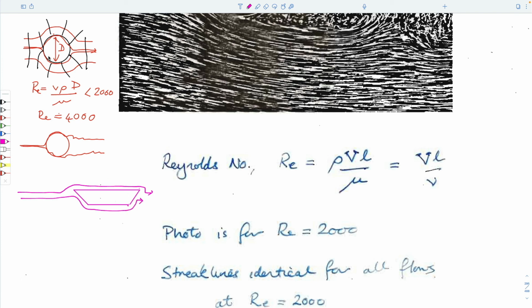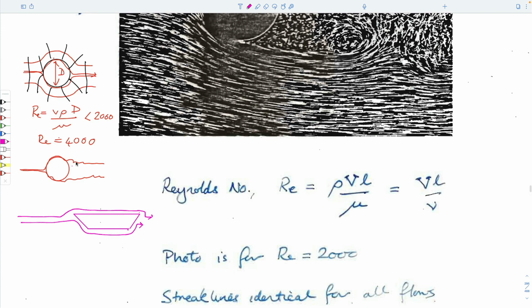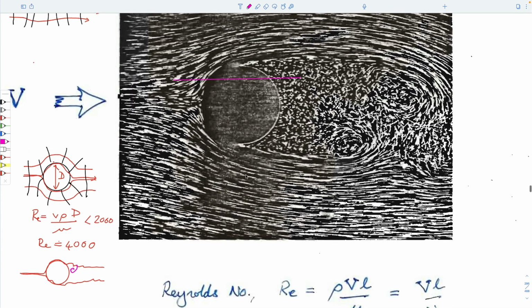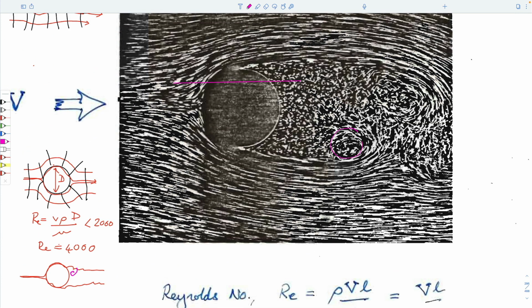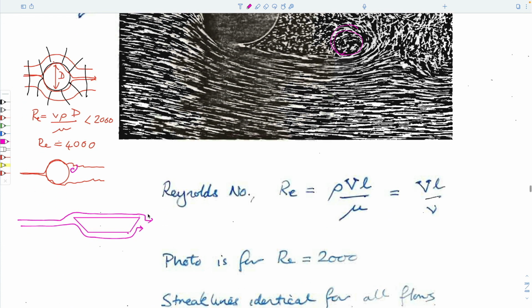Then if it's a creeping flow like this at a very low Reynolds number, then it just hugs this and it goes off. If it's a faster flow like this, then you see that this is releasing, you can see it on this figure here, it's released a vortex right here. There's another vortex which is further downstream, and it wants to release another one from the top. So what it's going to do is it's alternately going to release a vortex here.